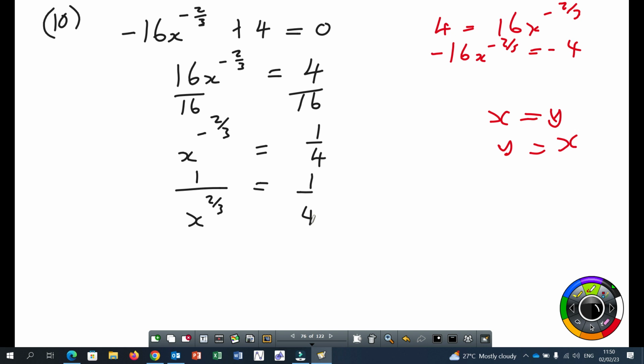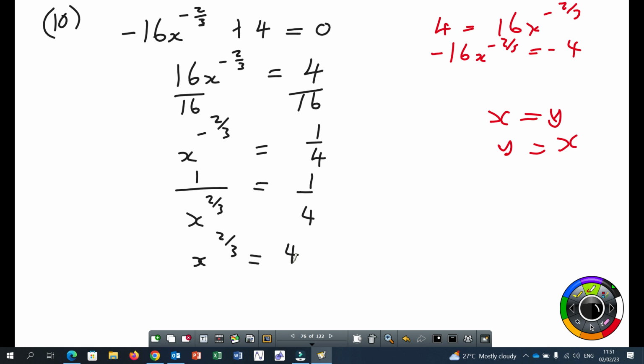Now, look at this. If the numerator on the left hand side is a 1, the numerator on the right hand side is also a 1. Am I right to conclude that x to the power of 2 over 3 will equal 4? Yes.